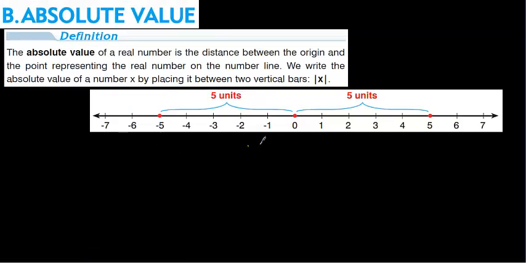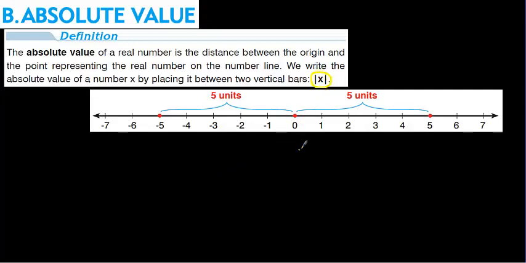absolute value. Absolute value means the distance between the origin and the point. When you mention the distance, you write the absolute value with a double bar near the sign.